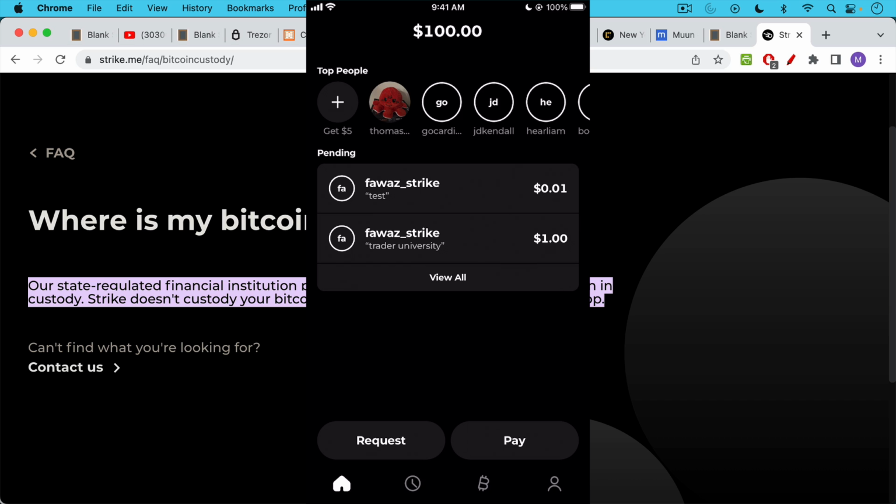How exactly do you sell your goods for Bitcoin using an app like this? Obviously, you can send someone a Bitcoin receive address would be one way of doing it. But what I'm showing you today would just replace PayPal's functionality in terms of sending and receiving money from your friends or from businesses. This would not work as a full merchant solution.